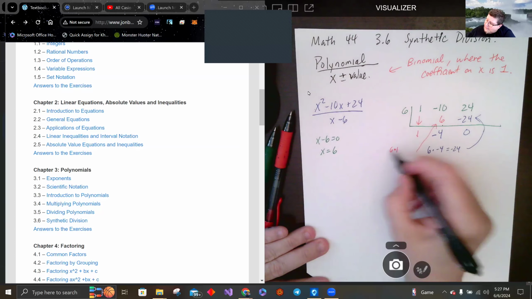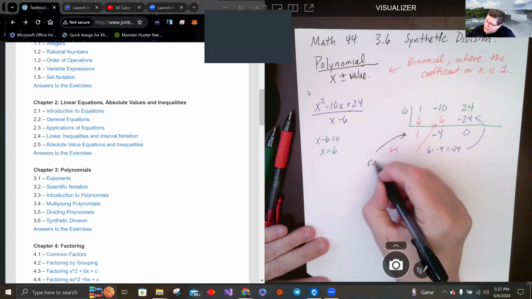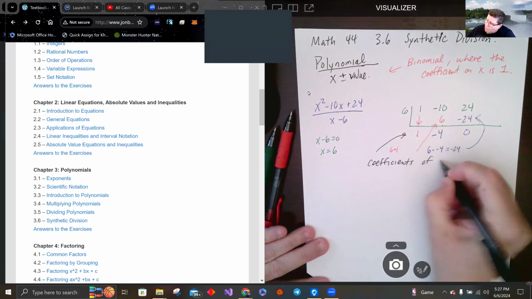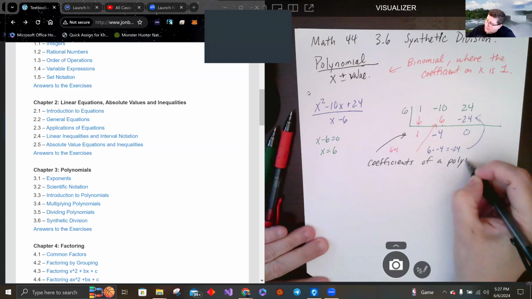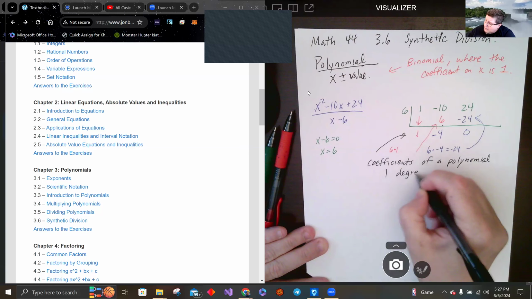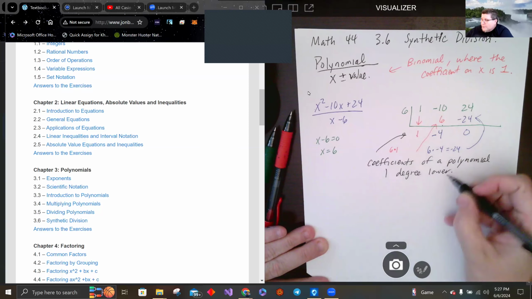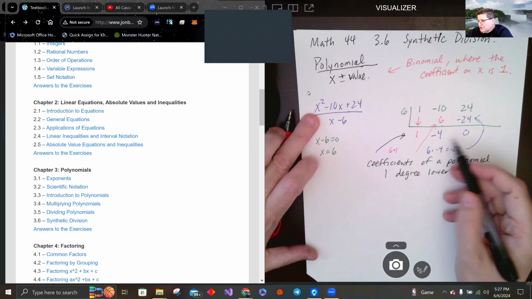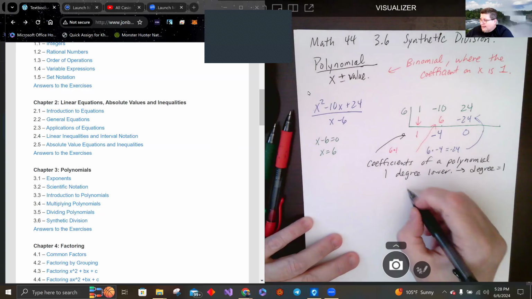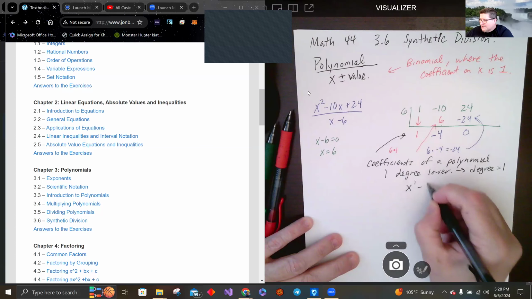These are the coefficients of a polynomial 1 degree lower. We started out as x squared, so 1 degree lower is degree 1. So I will have x to the first power minus 4.